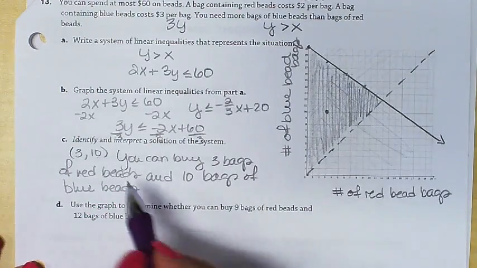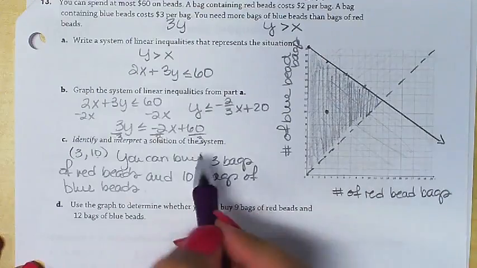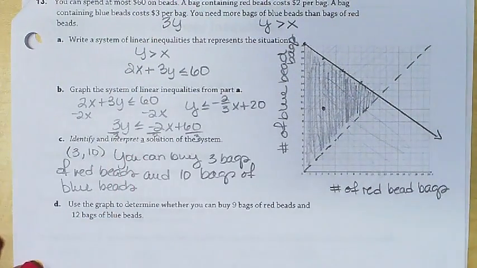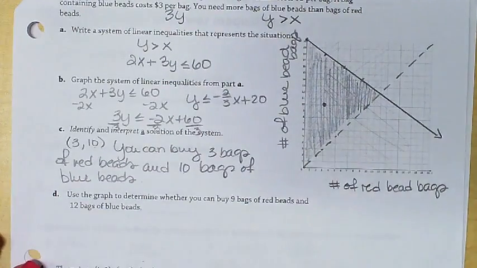Okay, and you would have more blue than red, and if you plug it in here, it should definitely keep your budget under 60 bucks. Okay. All right, let's take the next one.